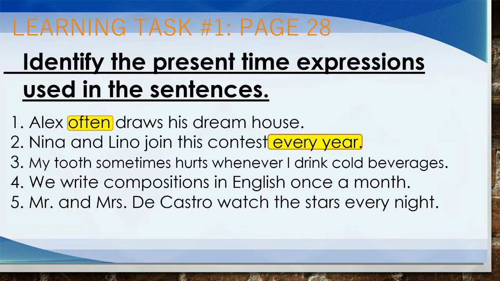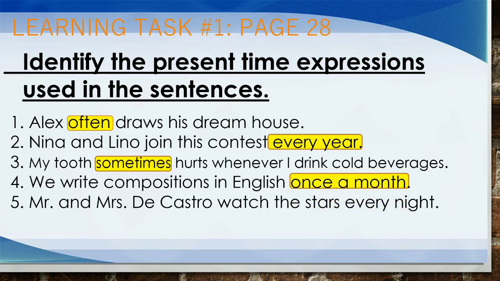Every year. Number 3. My throat sometimes hurts whenever I drink cold beverages. The time expression used is sometimes. Check. Number 4. We write compositions in English once a month. The time expression used in the sentence is once a month.